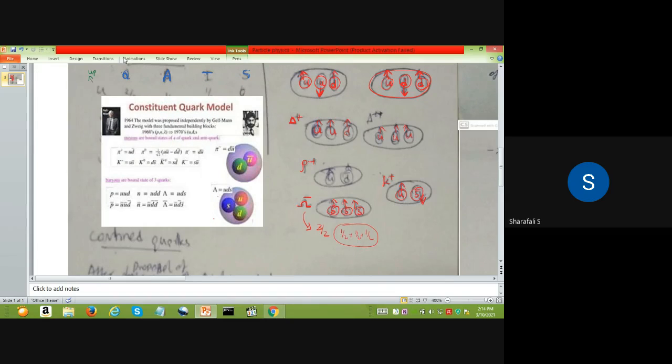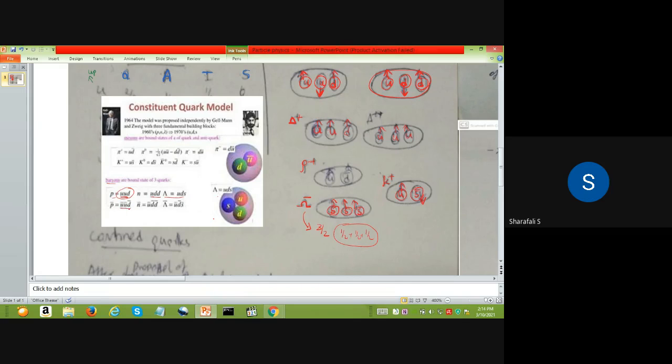Okay, from this table you can see the different baryons. For the proton we have UUD as the quark combination, and for the neutron we have UDD. For lambda we have UDS. Similarly, for the antiproton, P bar, all the quarks are anti-quarks, just the anti-particles of the up and down quarks, so U bar, U bar, D bar.